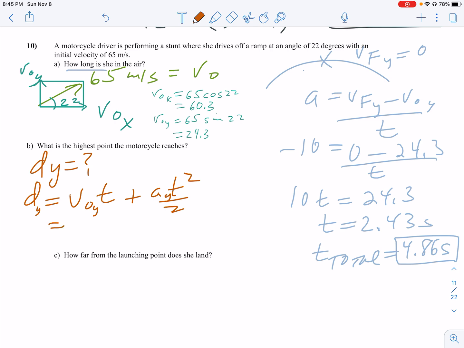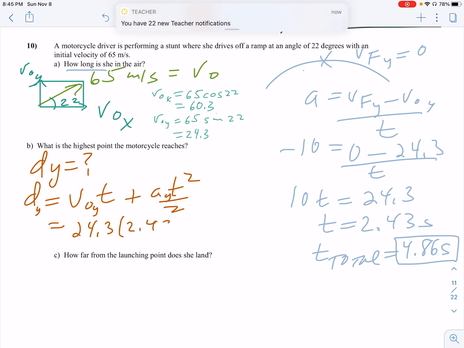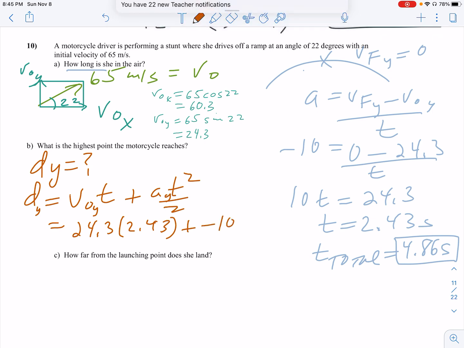So v0y is 24.3 times the time it takes to get to the top, 2.43, plus ay, negative 10, times 2.43 squared over 2.